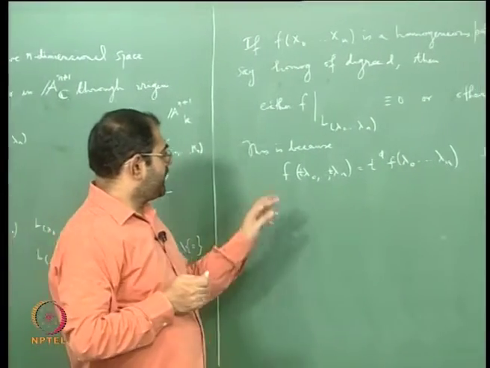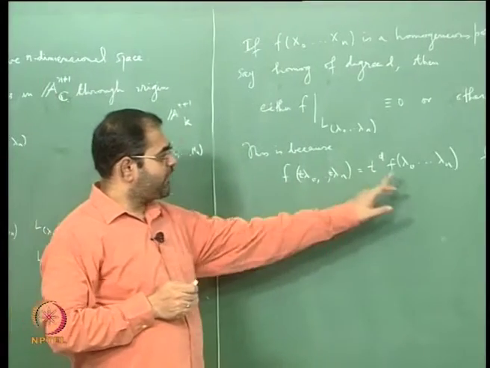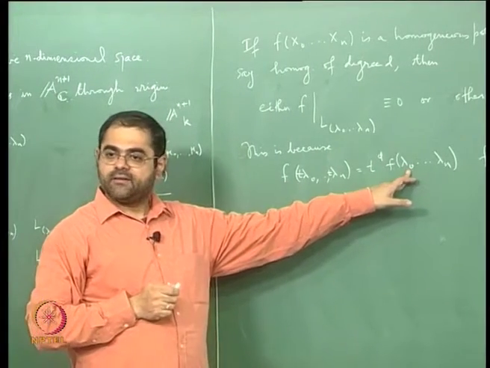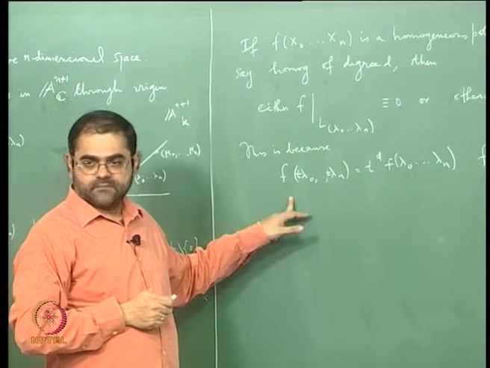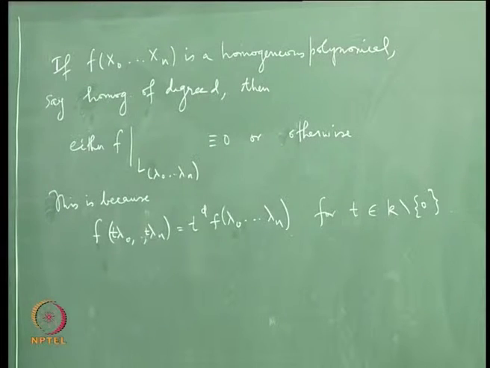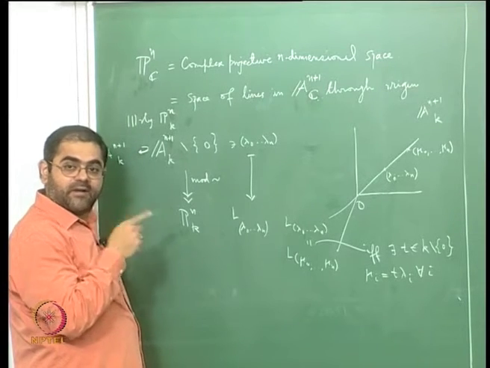So if the polynomial vanishes at one point of the line, then it will vanish at every point of the line, okay. So in other words, I can make sense of whether a polynomial vanishes on a line or not.